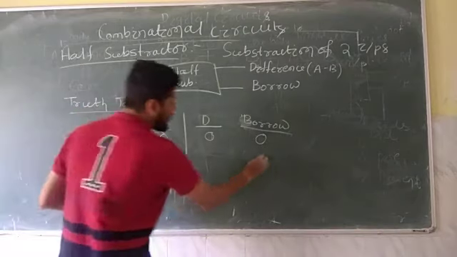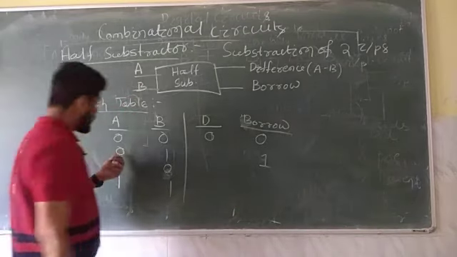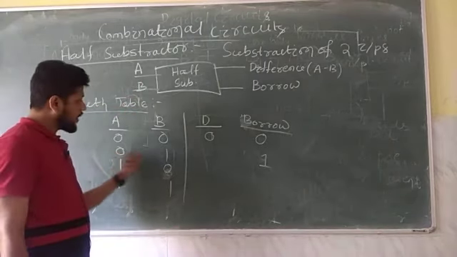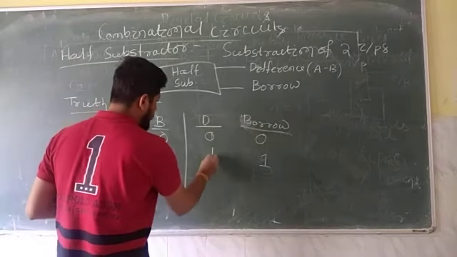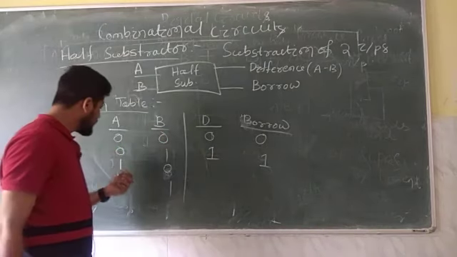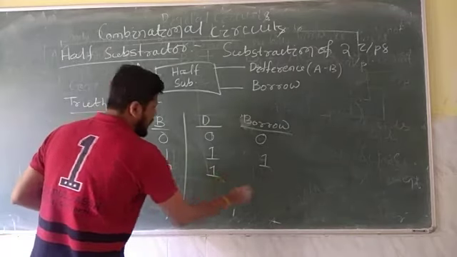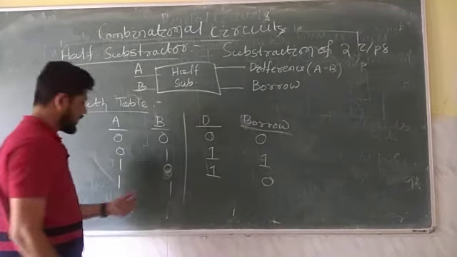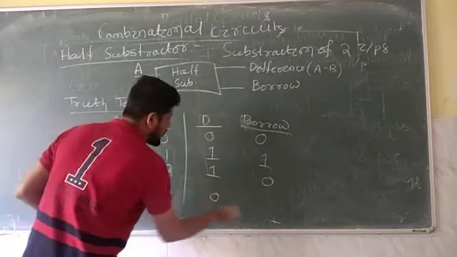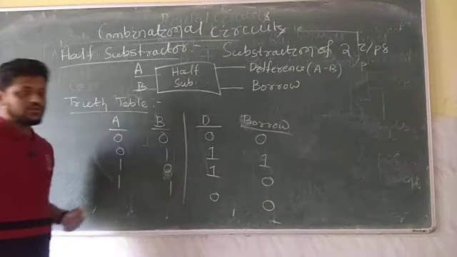In this case the borrow will be 1, so it becomes 10, and 10 minus 1 we have 1. Then 1 minus 0 we have 1 and borrow will be 0. Then 1 minus 1 we have 0 and borrow will be 0.